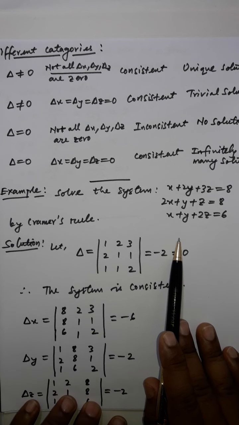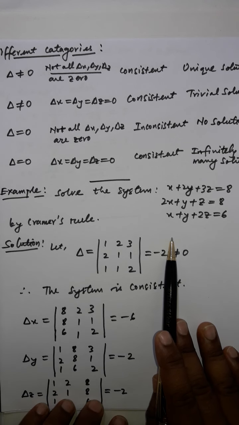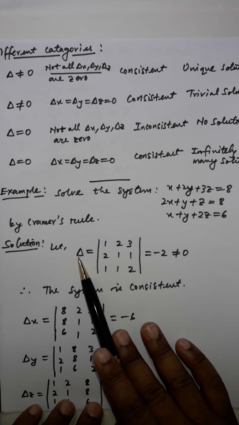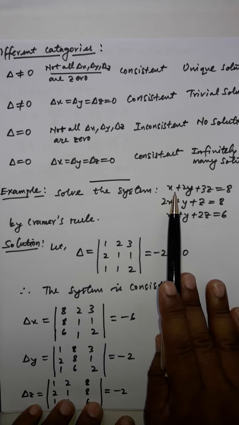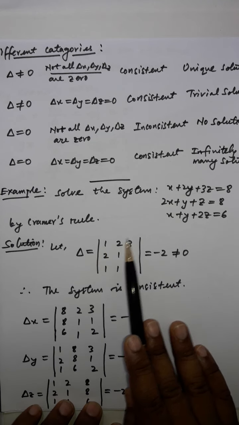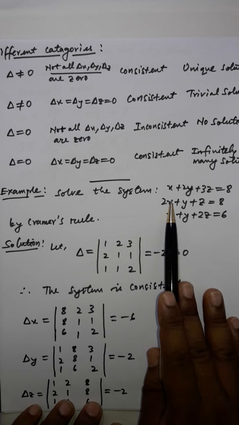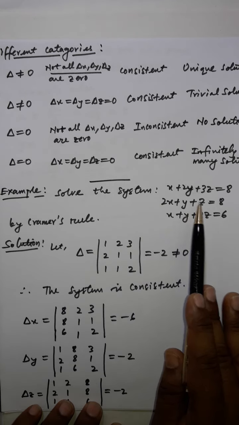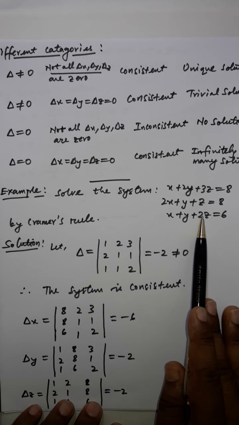So, what will I do now? I will find the 4 determinants obtained from this system. The first determinant, del, will be the main determinant, that is the coefficients of the variables x, y, z from the equations taken row wise. So, it is like this: 1, 2, 3, 2, 1, 1 and 1, 1, 2.